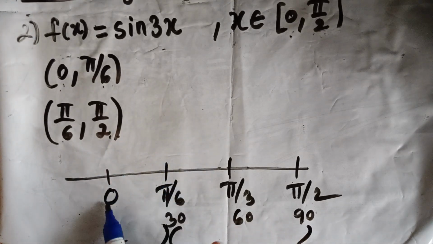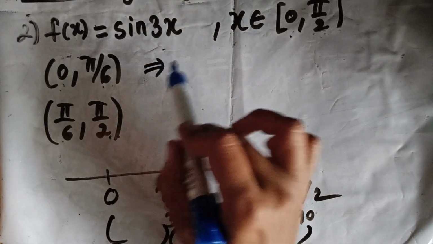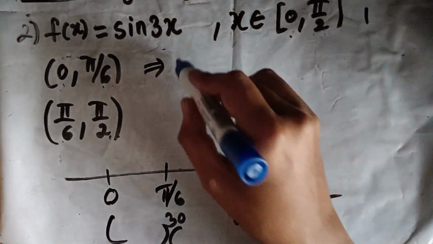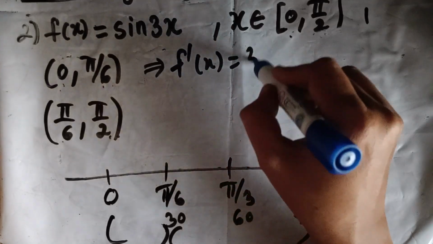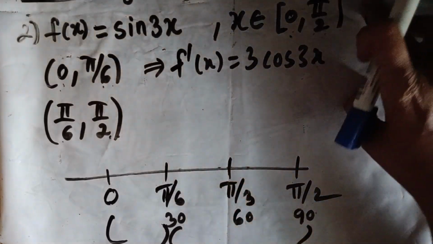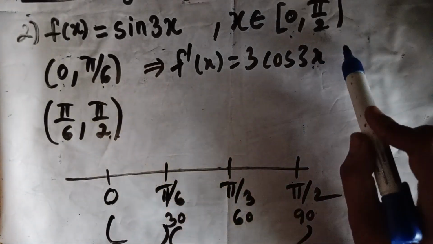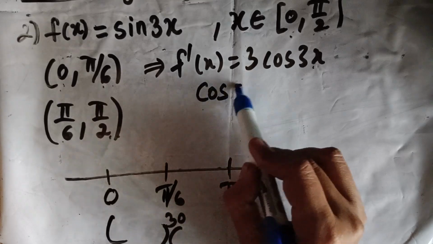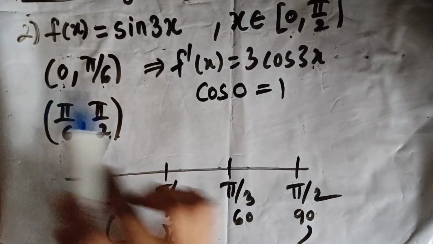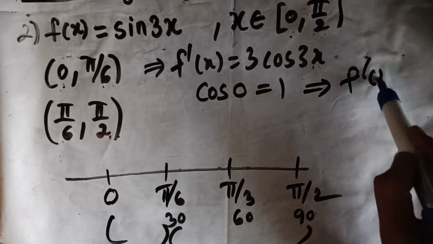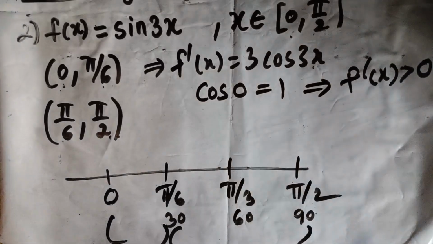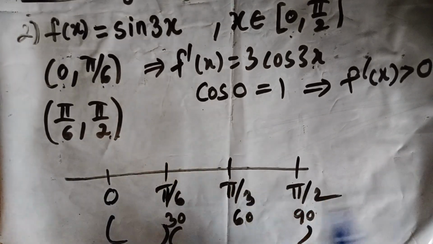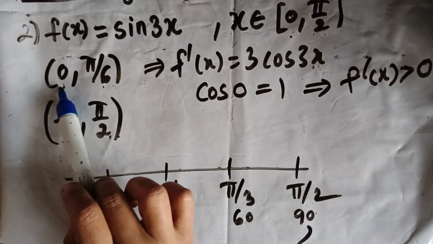Okay, let's check for the point 0. Where is f dash of x? It is 3 cos 3x, right? So if I put here 0, cos 0 is 1. So for this point, f dash of x is increasing, that is greater than 0. If they have asked to find the strictly increasing interval, then you have to include this 0.